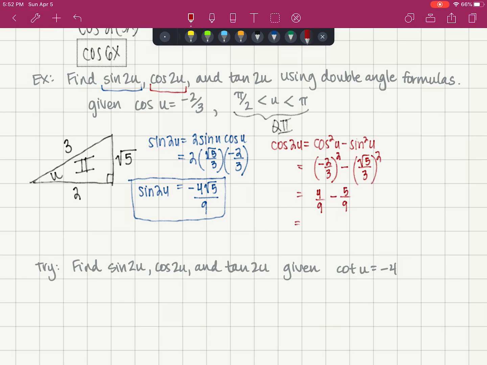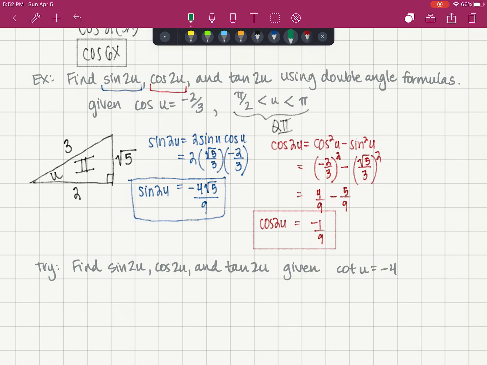I get 4/9 minus 5/9, which is negative 1/9. And the cosine of 2u is equal to negative 1/9.